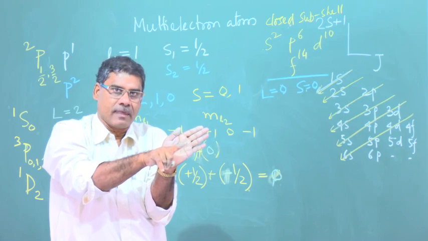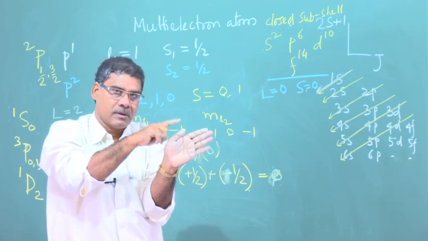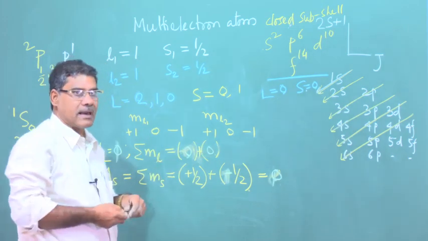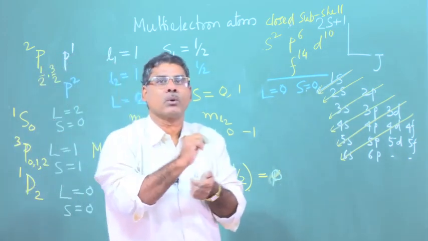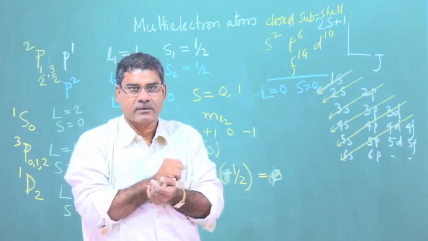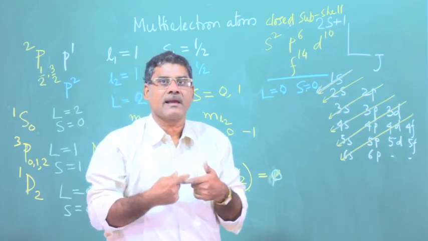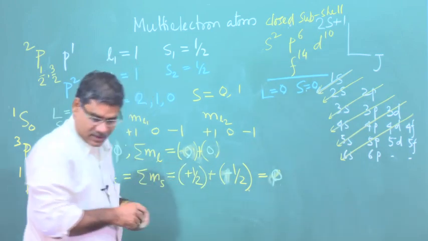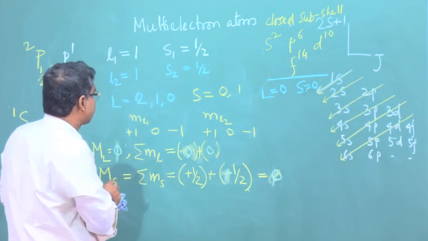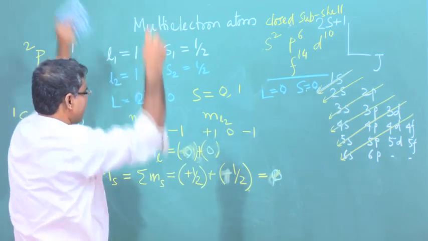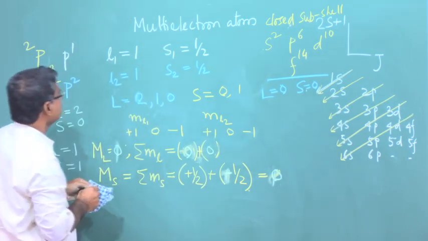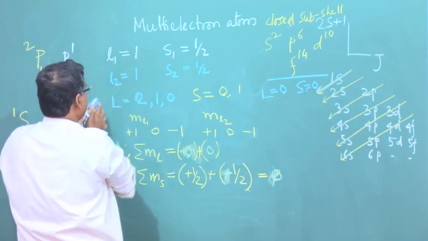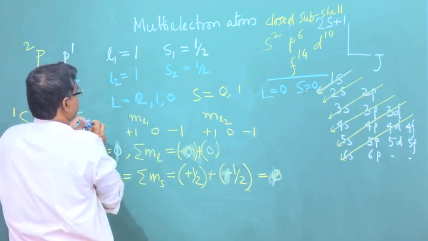If I start from the resultant L and S for p2, then I only have to add one more electron, where L3 is 1 and S3 is half. So, additional one I am putting, L3.